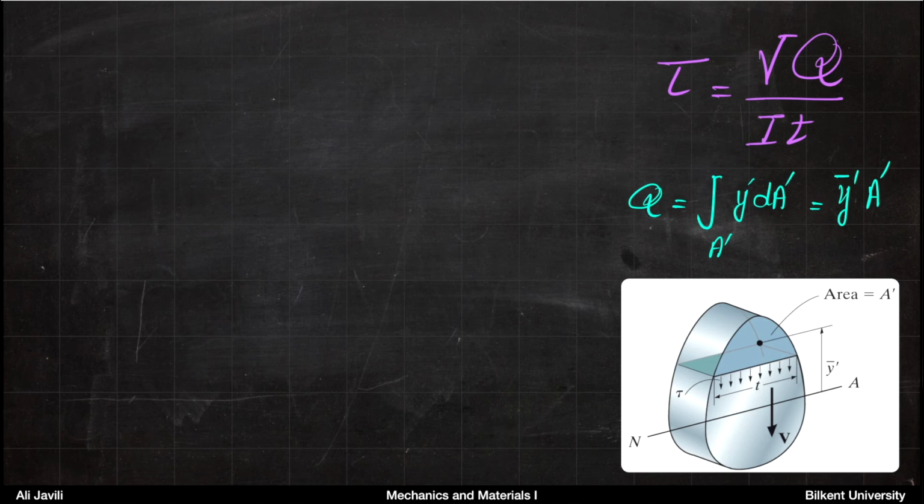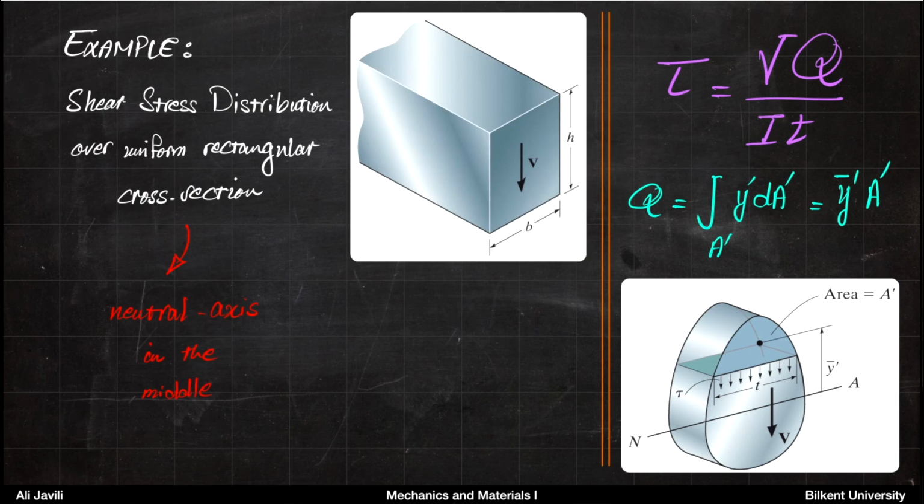Now, based on this analysis, or based on what we have learned so far, we want to answer the question that we had at the beginning of this lecture. If you have a beam with a rectangular cross-section, as shown in the figure, and you apply a shear force V, what would be the shear stress distribution over the rectangular cross-section?